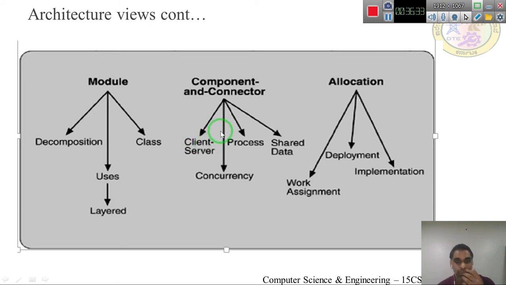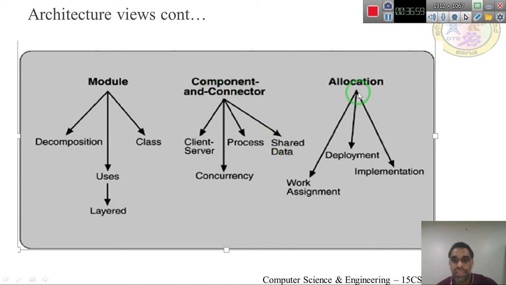Then component and connector provides you the concurrency, fine. Then processes come under component and connector. Why? Because it is a runtime entity, and data are stored in a repository. That's why we make use of the shared data architectural pattern for the component and connector view.